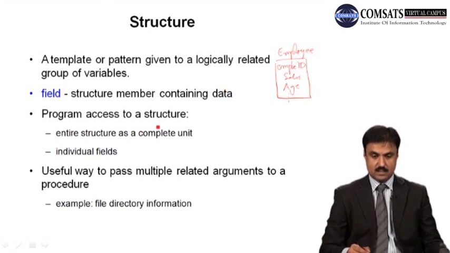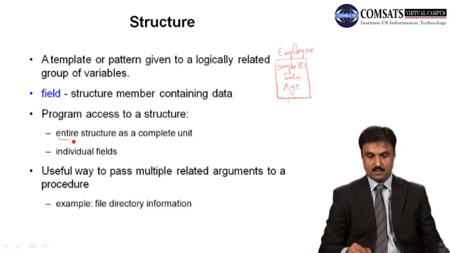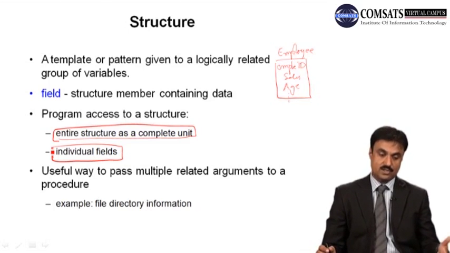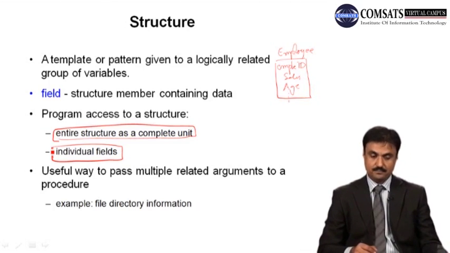So programs access this structure. The entire structure can be passed as a complete unit, and individual fields can be accessed by a program. So we can either access the whole structure, or we can access the individual member or field of the structure.